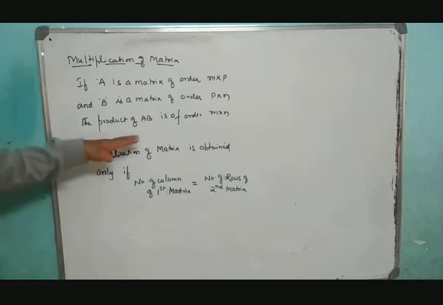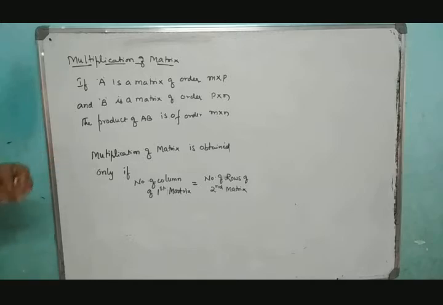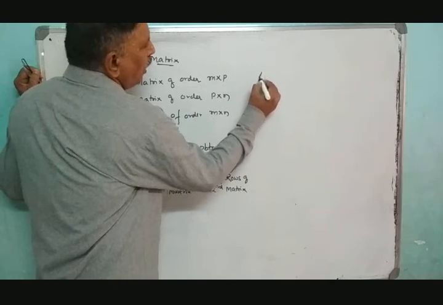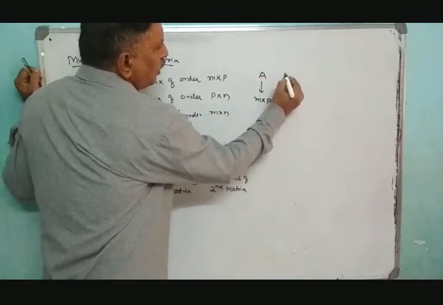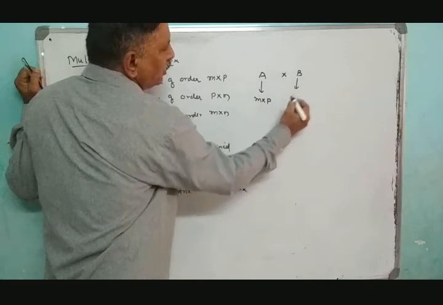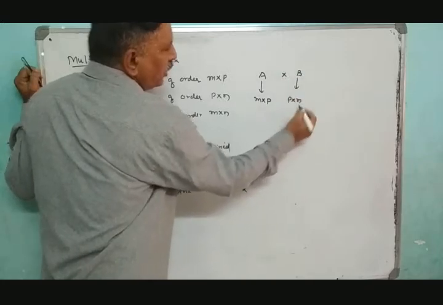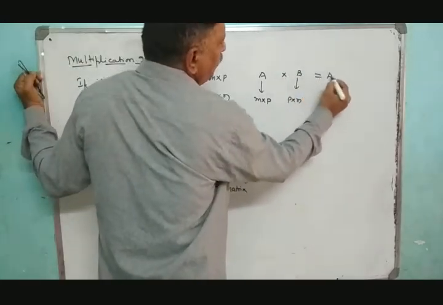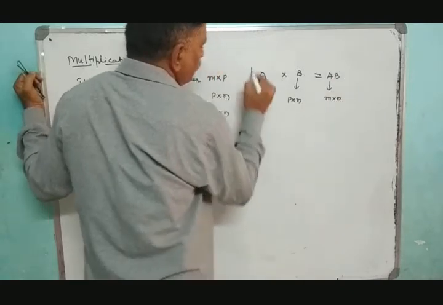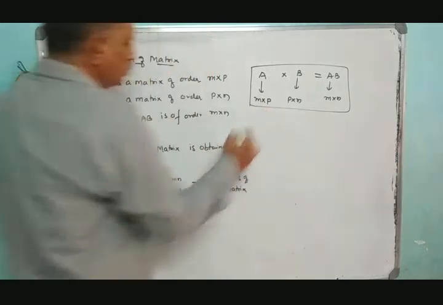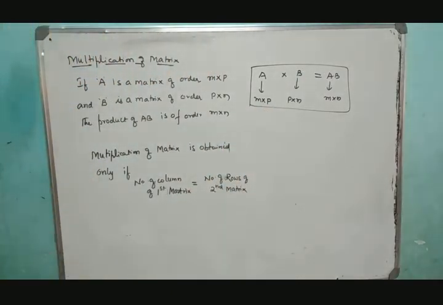Please note down this formula: A is M cross P, B is P cross N, then the product of AB will be of order M cross N. Copy down.